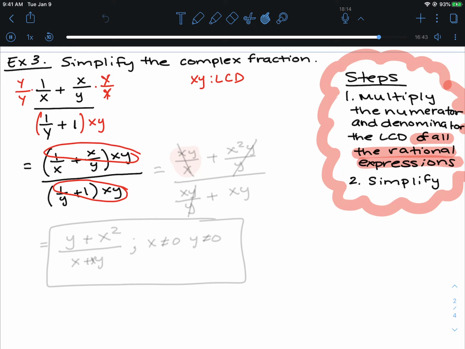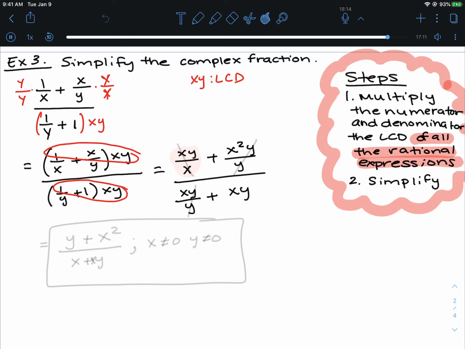Okay, so by doing that, I'm going to get xy times 1, it's going to be xy over x, plus xy times x is going to be x squared y over xy times 1 is going to be xy over y, plus 1 times xy is just xy.